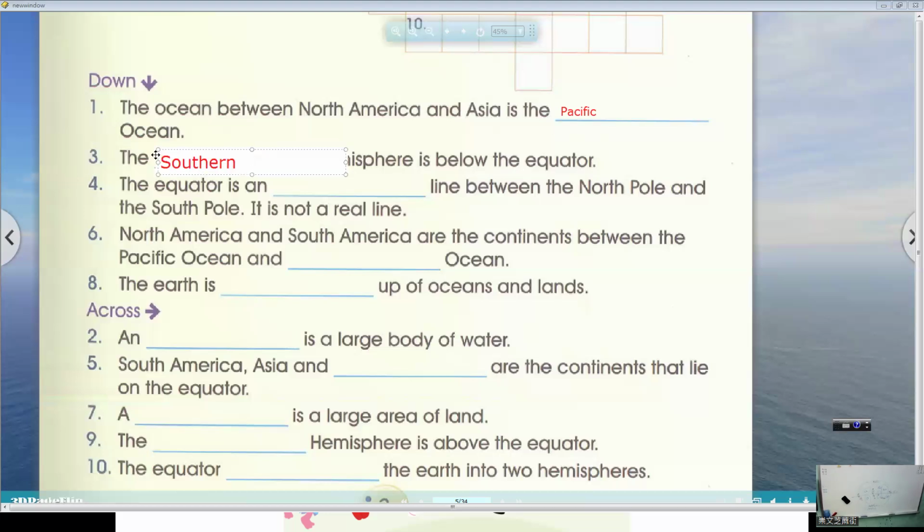Southern hemisphere. Remember, if it's below, that is southern. If it's above, that is northern. Again, what is below? Southern. Below the equator, that is southern. Above the equator, northern. Okay, next, Karen.